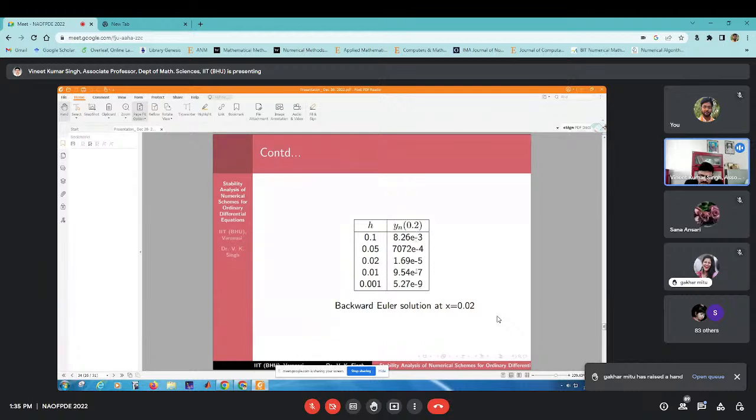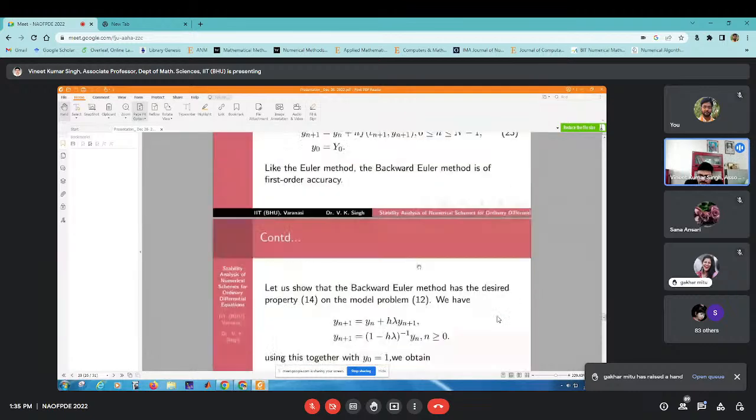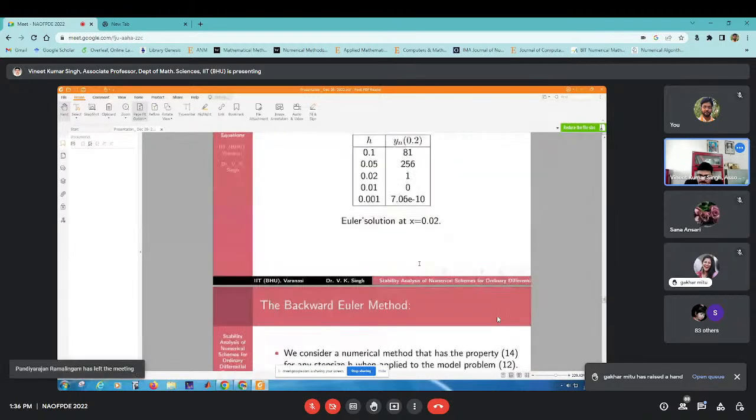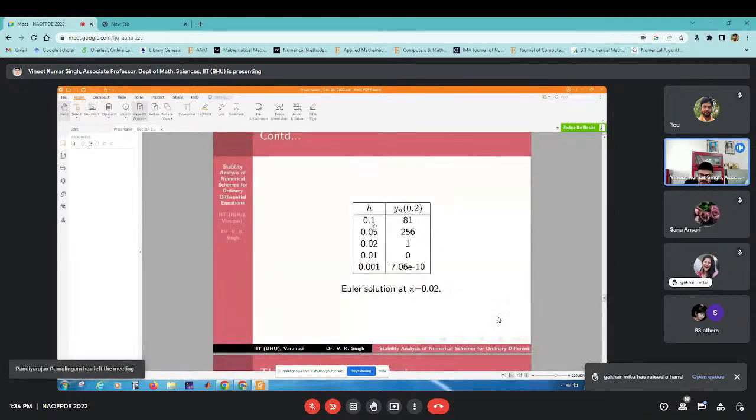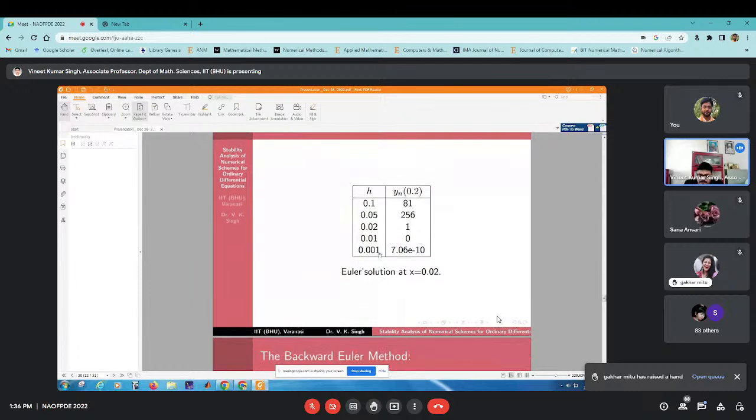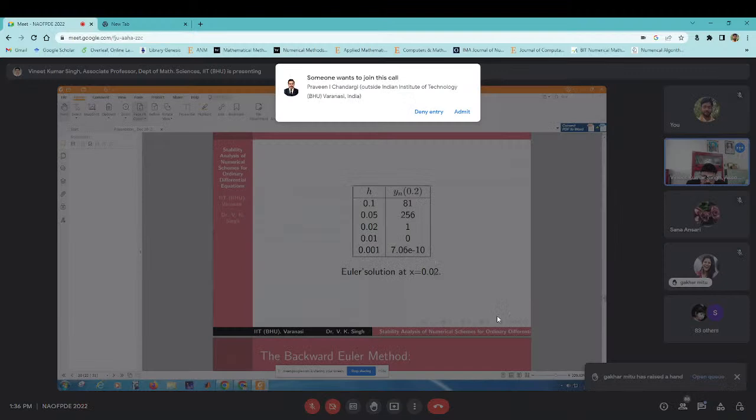If you compare this with the previous data from the Euler method for the proposed model, when h is 0.1, yn at 0.2 is 81, and when h is 0.05 it is 256. Look how much the solution deviates. The deviation is too high, but when h is 0.01, the error is 10 to the power minus 10.